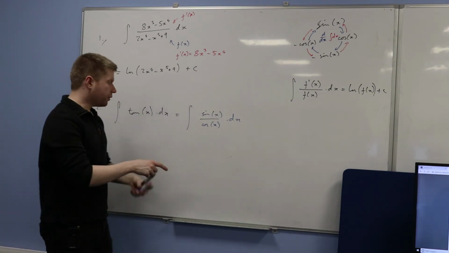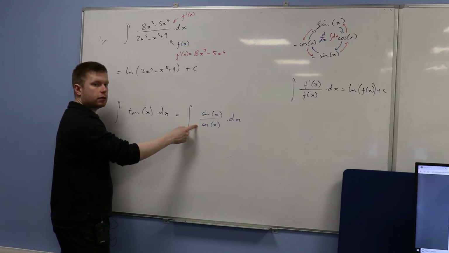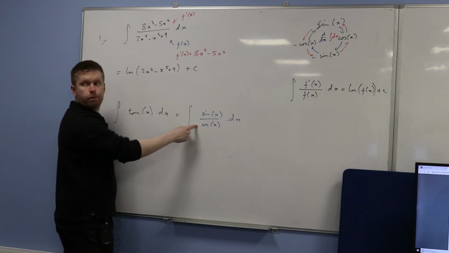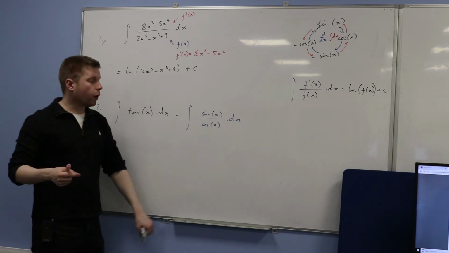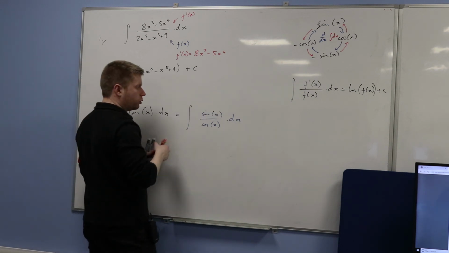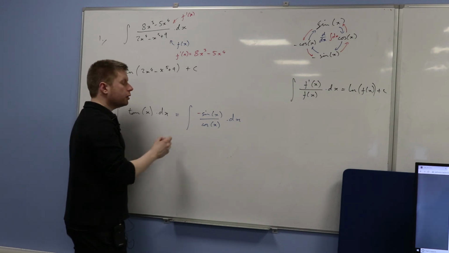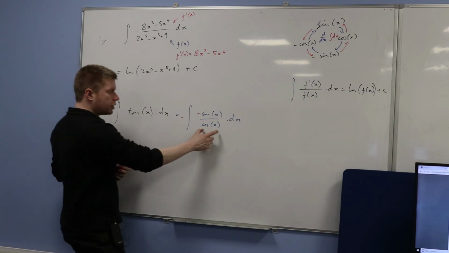Just that thing. Because if your function is cos x, what's the derivative of cos x? Minus sin x, sorry. Right, so I want it to be negative sin x, don't I? If I want it to be negative sin x, then that would hold. So I want a negative there, so I'm going to have to stick a negative out the front there. Does that make sense? Yeah, so my function is cos x.